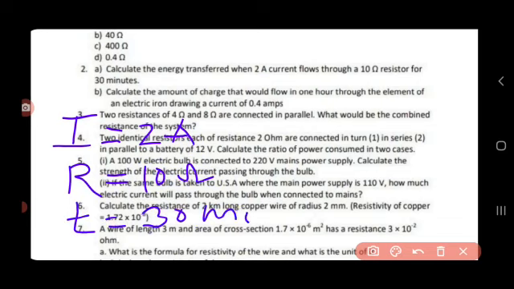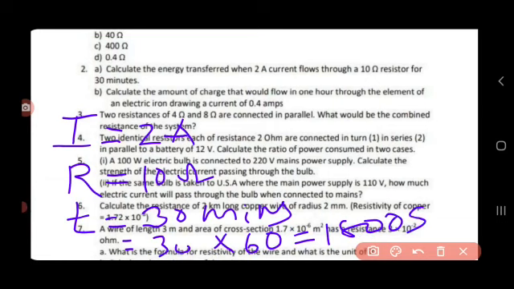I is given, that is 2 whole square. R is also given, that is 10 ohm, and time is 1800 second. So by calculating, we get the energy transferred in the resistor.